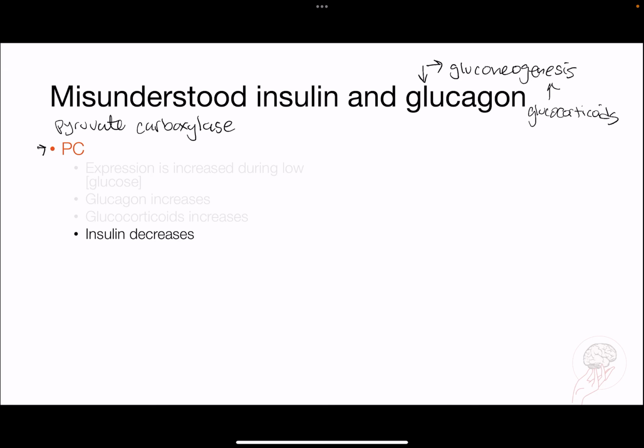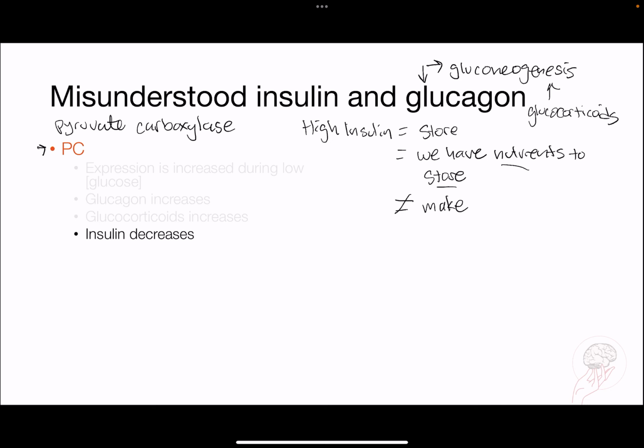Insulin will decrease the activity of pyruvate carboxylase because if we have high insulin, it means we want to store things. It means we have nutrients to store. If we have nutrients to store, we don't want to make more nutrients.